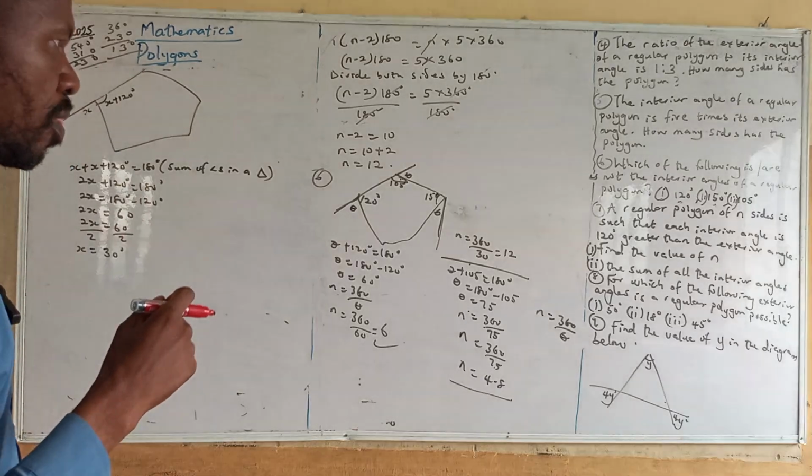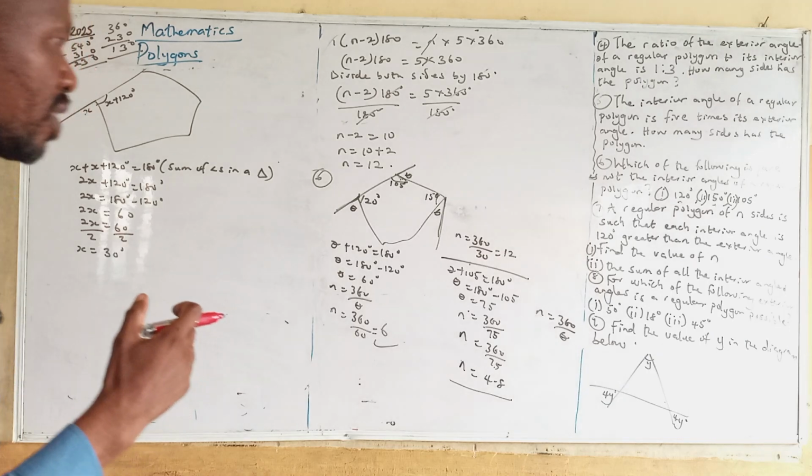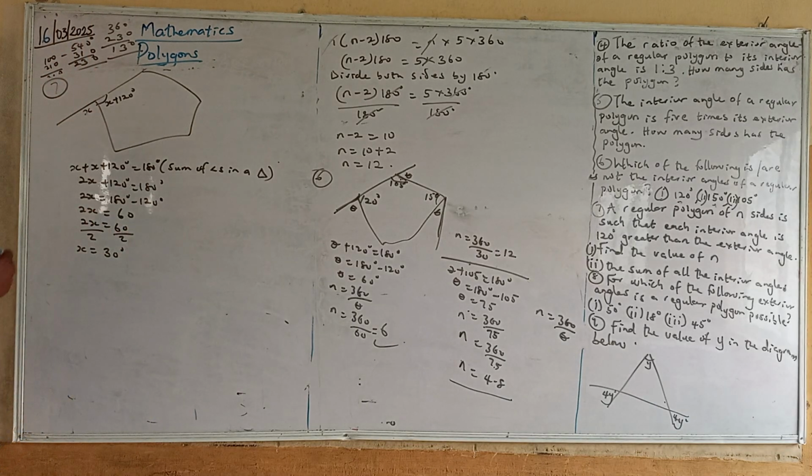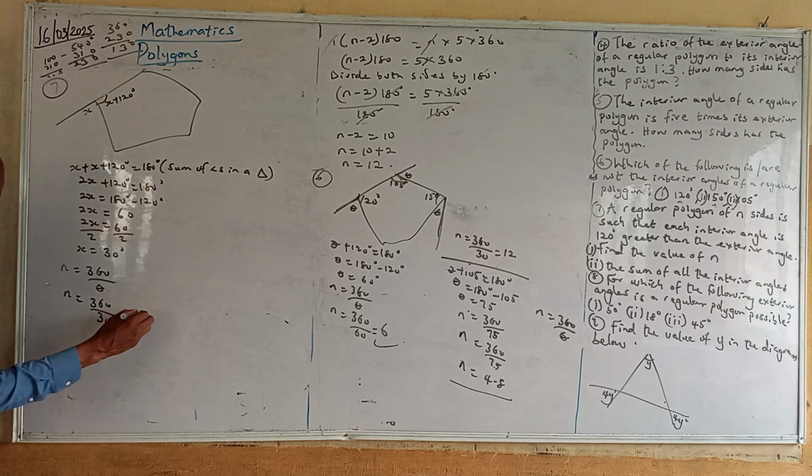Then we have to find the number of sides. So n equals 360 over theta. Theta is the exterior angle, which is 30 in this case. So n equals 360 over 30, and that is 12. So the number of sides is 12.